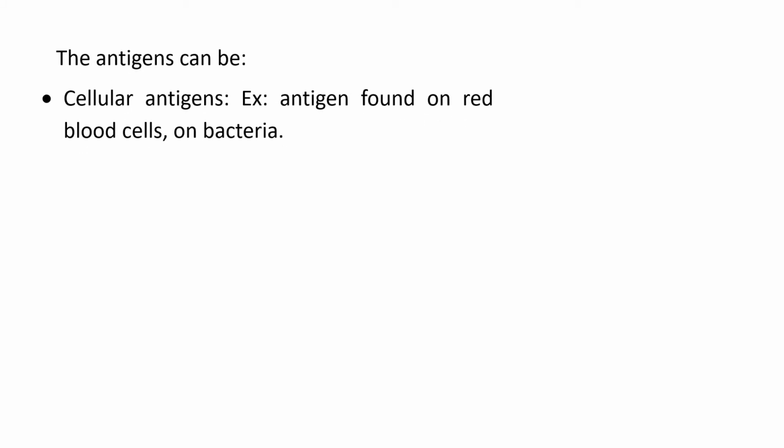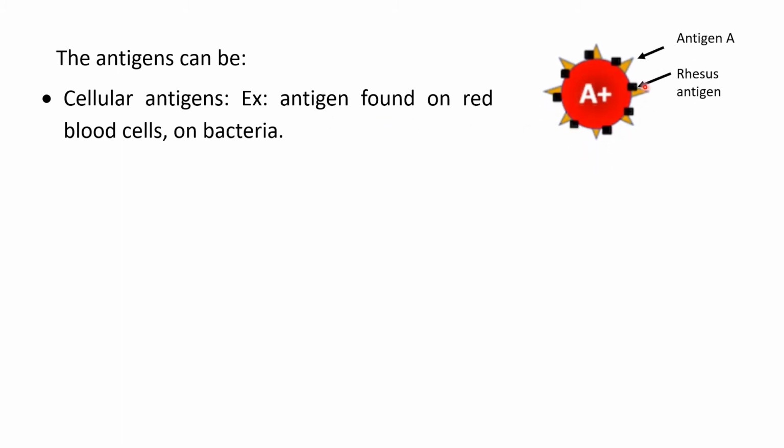So, what are these antigens? These antigens can be cellular antigens, which means antigens displayed on the surface of cells. Example, the antigens that you find on the surface of red blood cells.